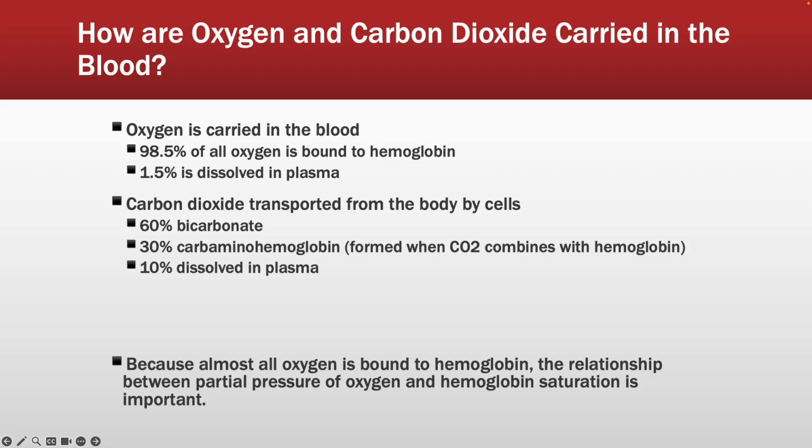Carbon dioxide is transported from the body by the cells. 60% is carried by bicarbonate, 30% as carbohemoglobin, which is formed when the CO2 combines with hemoglobin, and 10% is dissolved in plasma. Because almost all the oxygen is bound to hemoglobin, the relationship between partial pressure of oxygen and hemoglobin saturation is very important.